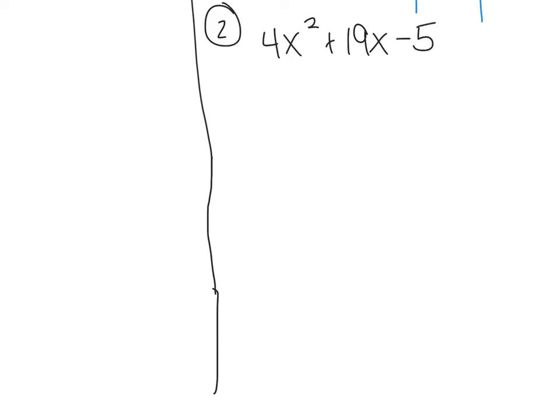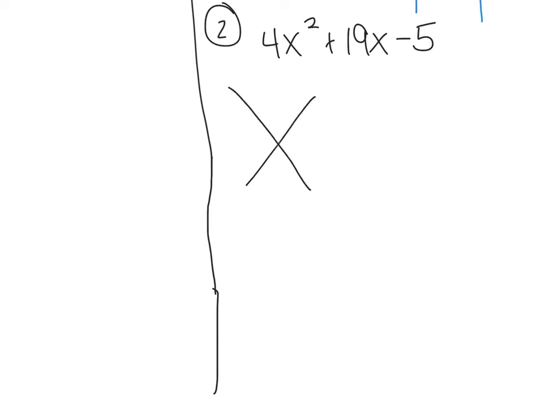All right, we're going to do another example. So example 2. This time we will do, let me find a tricky one. 4x squared plus 19x minus 5.